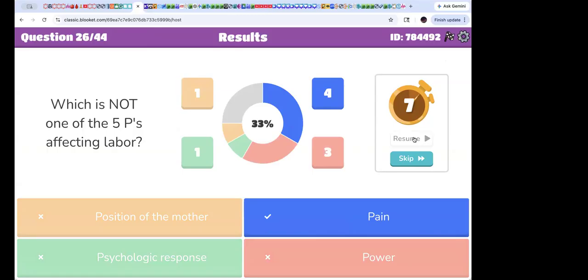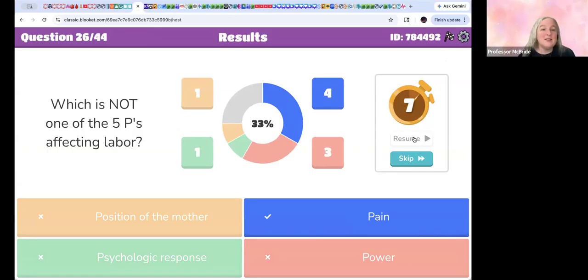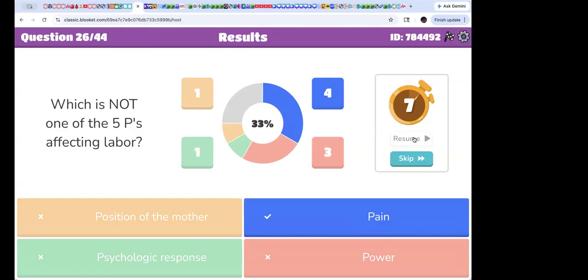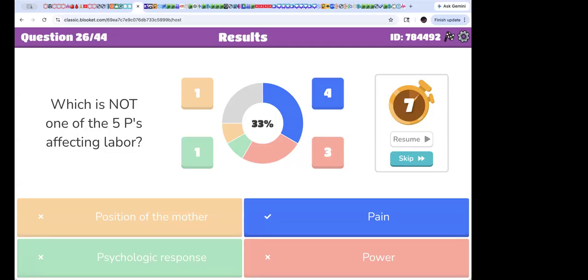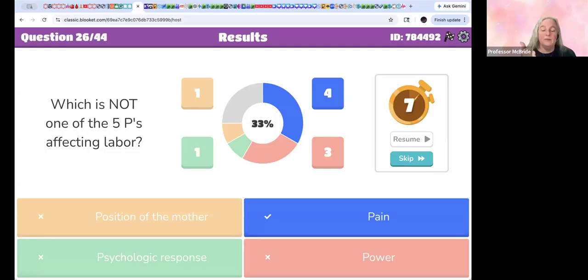When we were talking about pain management and coping, I said that's why pain isn't one of our 5 Ps. What are the 5 Ps? Power, position of the mother, passage, psychologic response.